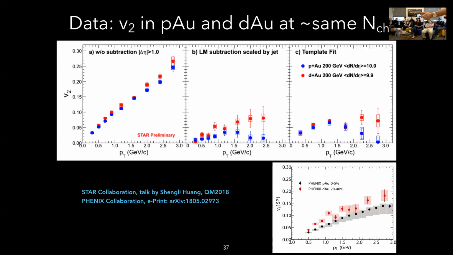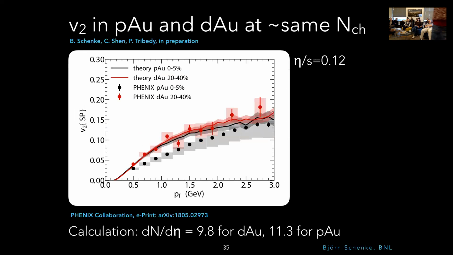One word of caution is also that if you compare PHENIX data and STAR data, and I want to focus on what they say is the best one, which is the template fit, then the V2 at the same multiplicity in proton-gold and deuteron-gold don't differ very much in STAR, but you could say, within systematics, they do differ in PHENIX. So this has to be sorted out also. So maybe this being so close is not that bad in comparison to data.